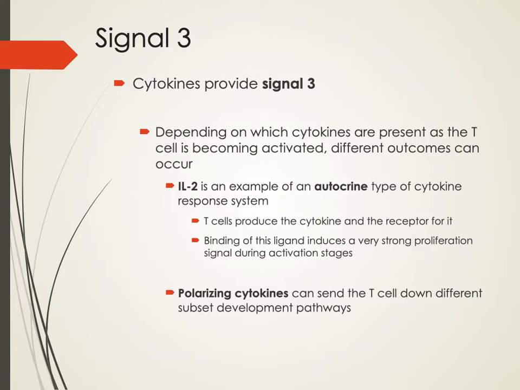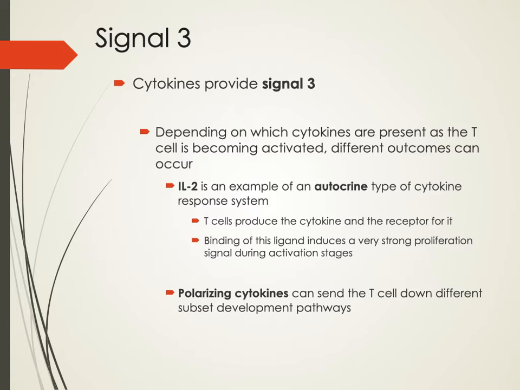And then again, the third signal is the cytokine production. And so if we do not have the cytokine production, we're not going to get as robust a response from our T cell. And so IL-2 is a well-known autocrine type cytokine, where the T cell will actually produce it, and then it also has a receptor. So remember, it had to have an IL-2 receptor in order to express it. And so having that receptor allows it to be able to sense it.